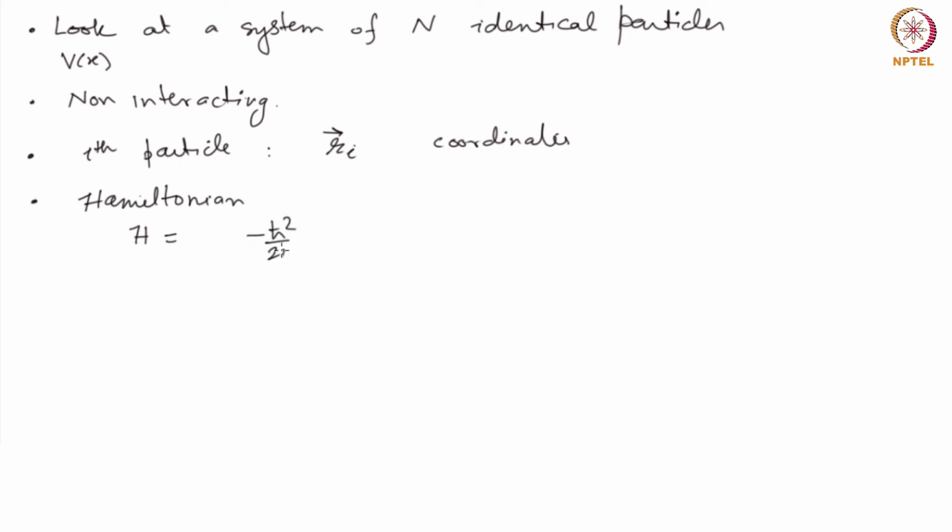I'm assuming all of them have the same mass because they all are identical. The partial derivatives here are with respect to the coordinate of the ith particle. Plus V of R i, and then I should sum over all the particles.